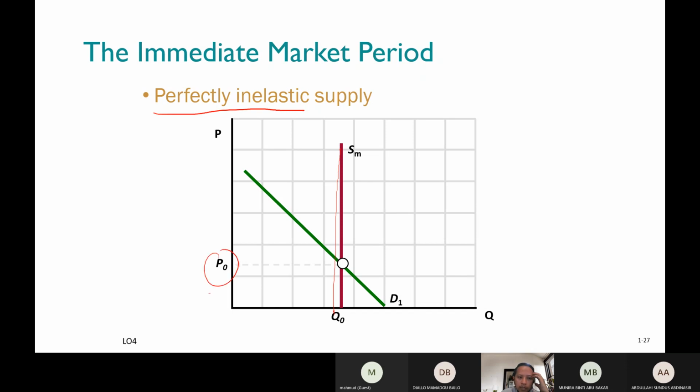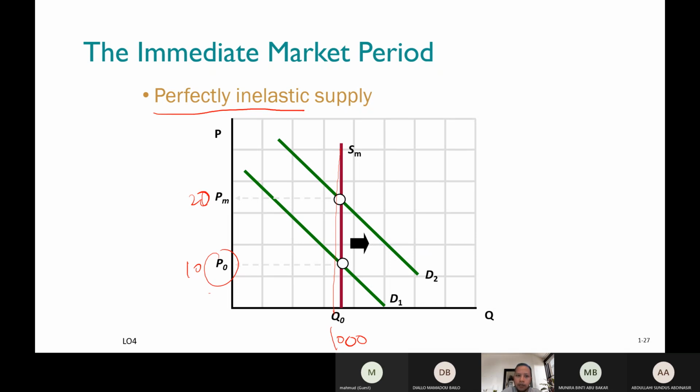Let's say the price that's being sold is here currently. The price is 10, and suddenly chicken is popular, maybe because of the Eid celebration and people want to buy chicken last minute. So the demand increases, and the price increases to 20 here. But immediately you cannot just increase the quantity that you are supplying. Although the demand has increased, your supply doesn't change. So this is in the immediate market period.